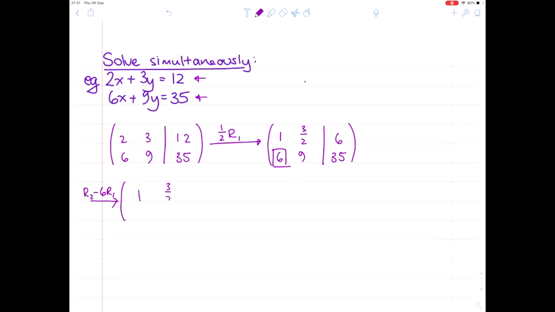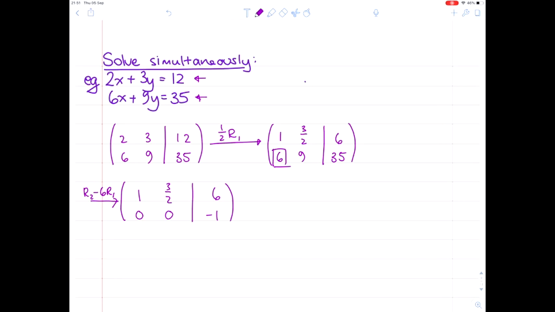So we're not changing row 1. And we're going to get a 0, 9 minus 3 times 3, which is 9. So that's going to give us a 0. And 35 minus 36, which is going to give us a minus 1.